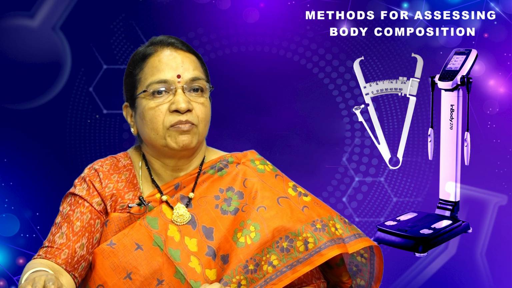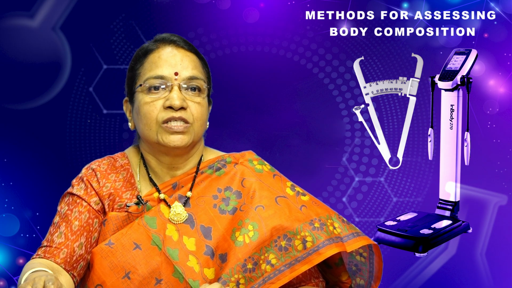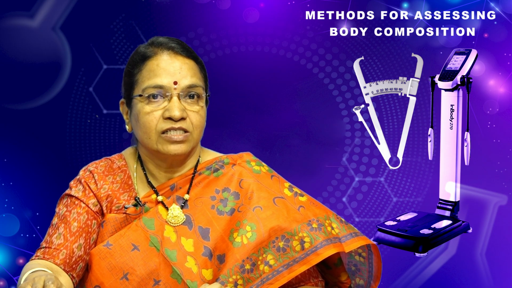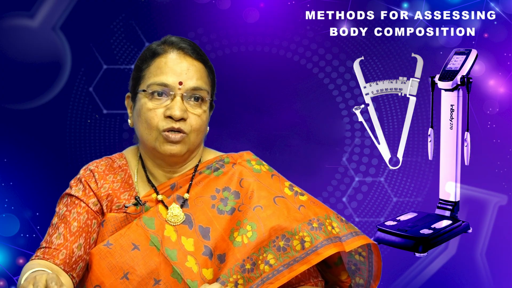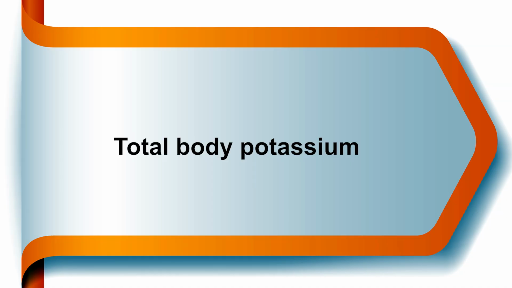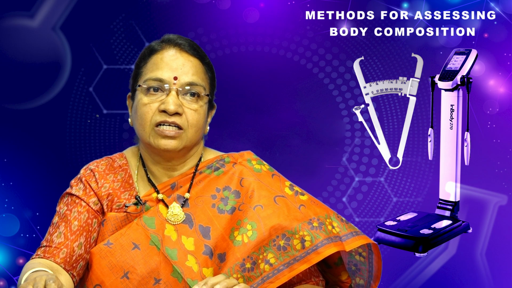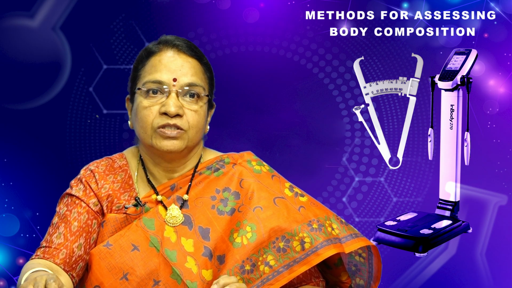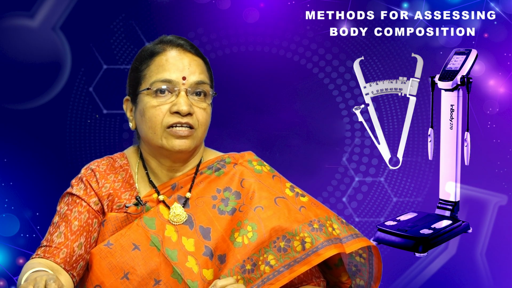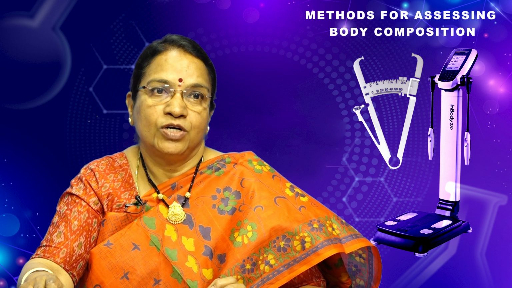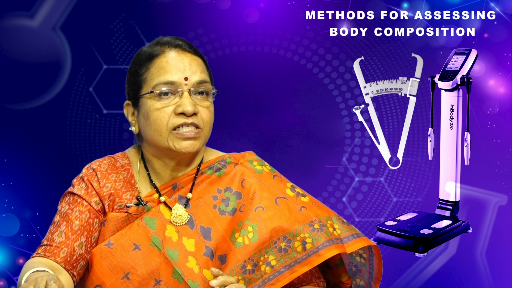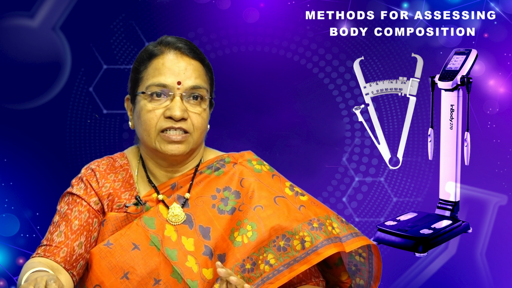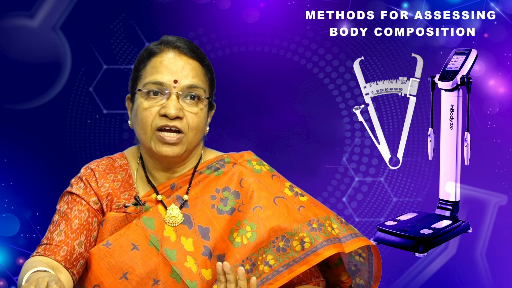Then isotope dilution analysis. Total body water may be effectively measured using isotope dilution analysis of deuterium oxide, and total body potassium. Potassium 40 is the naturally occurring radioactive isotope found in the intracellular water in the body, but it is not present in stored triglycerides, which are a component of fat.